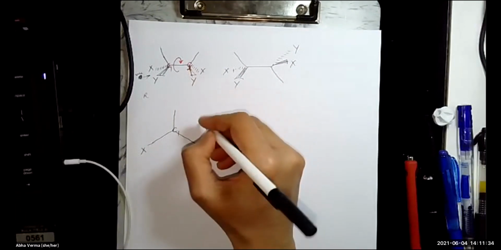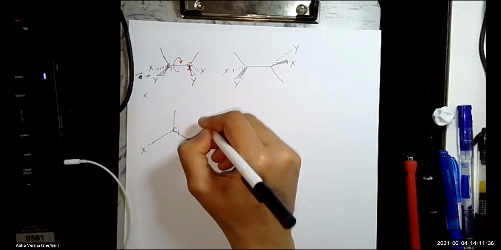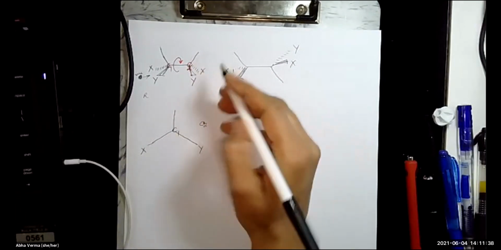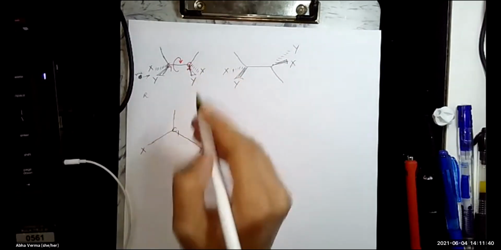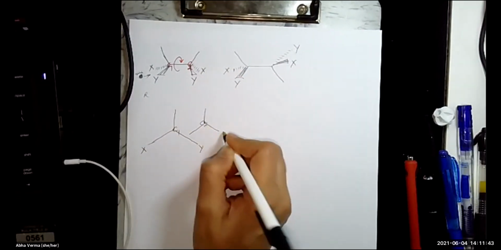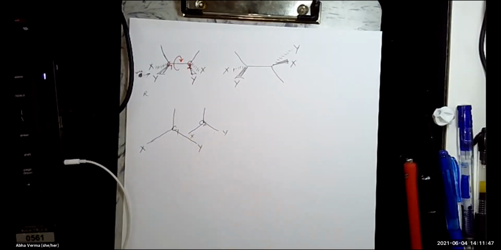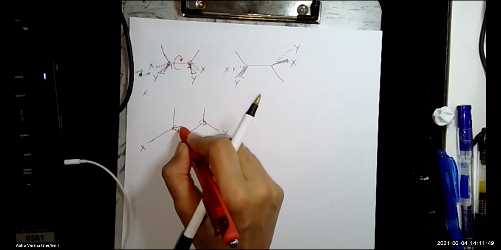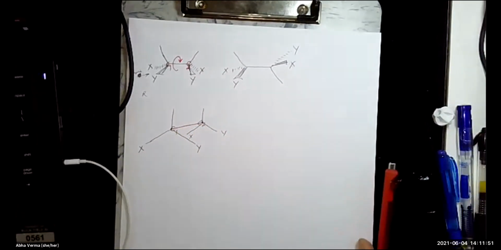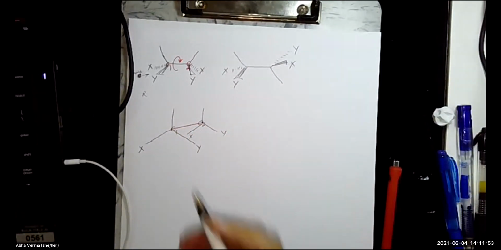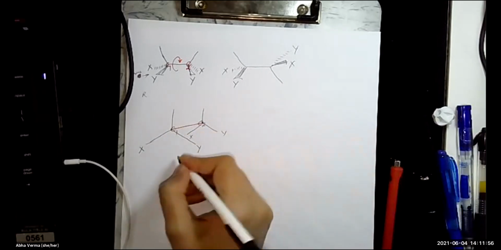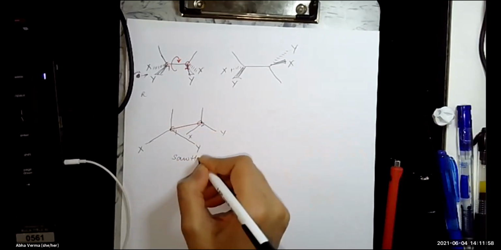Exactly like this, I will draw my C2, a dot. This group is going up, X right here, Y right here. But I drew this one a little smaller. Why? So I can connect these two bonds. And so this is a sawhorse projection.